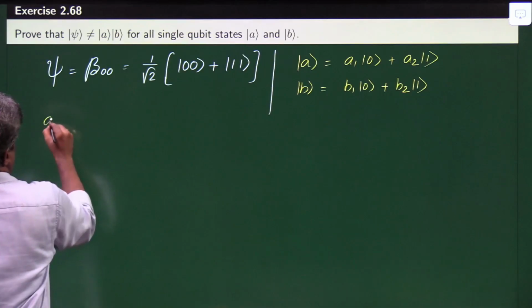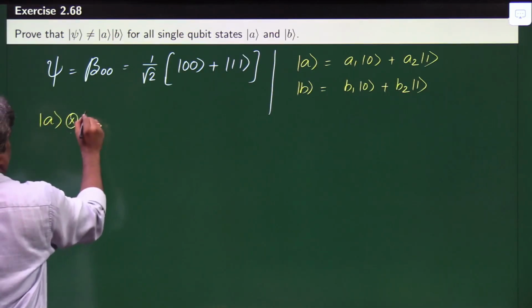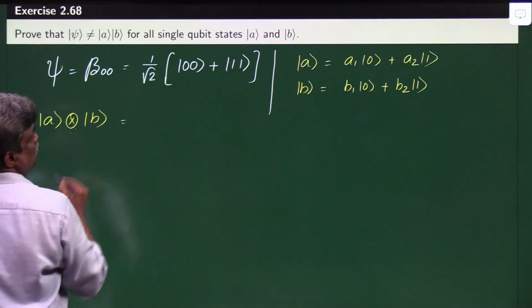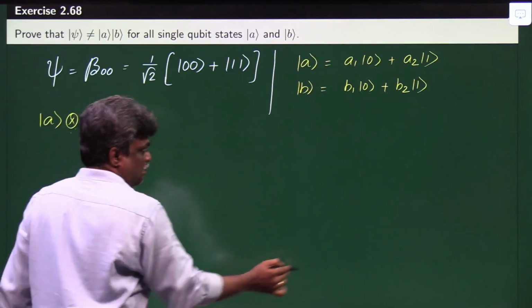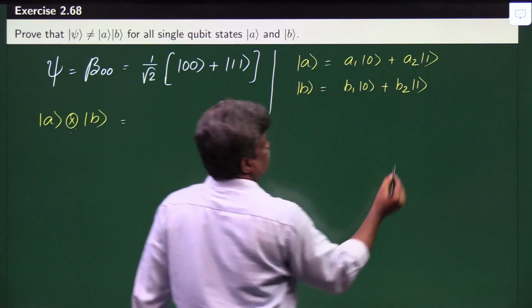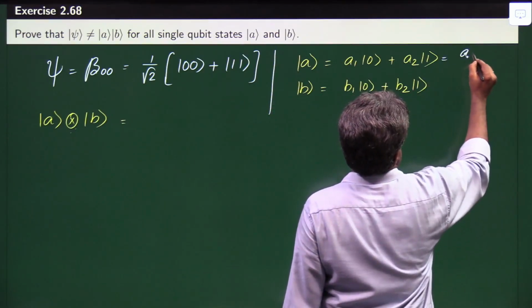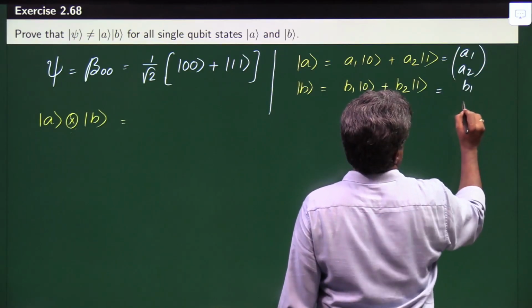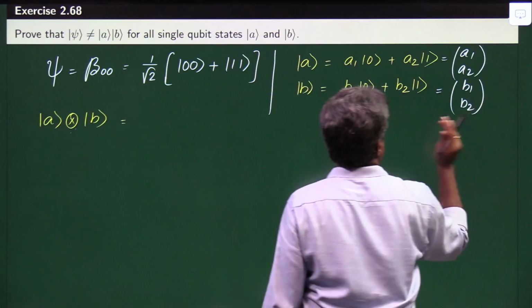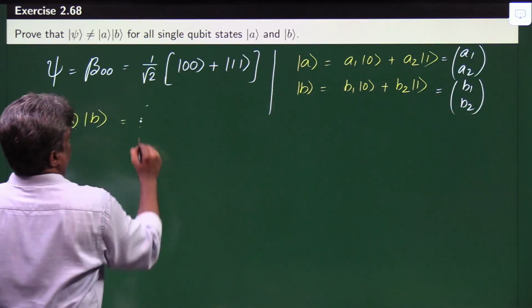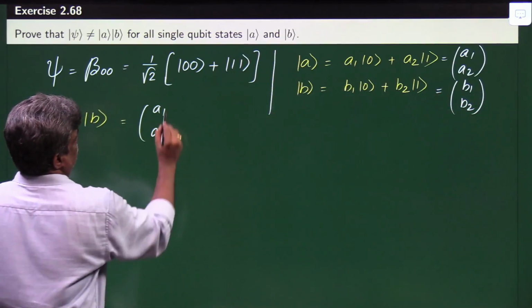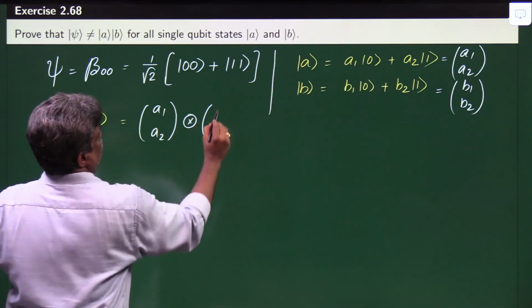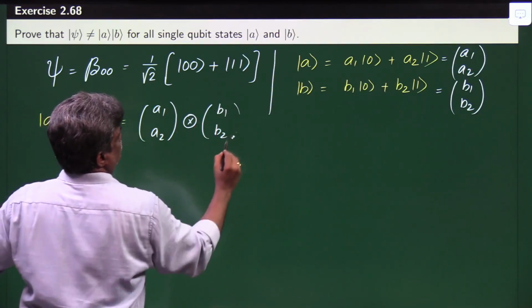Okay, fine. So the tensor product of A and B equals... Let me take the matrix representation. That's better. So I can write A as the column matrix A1, A2, and B as the column matrix B1, B2. So here we have A1, A2 tensor B1, B2.